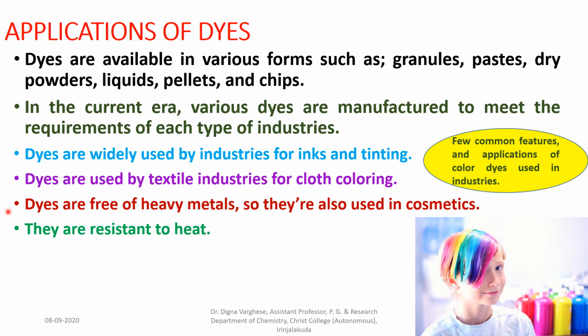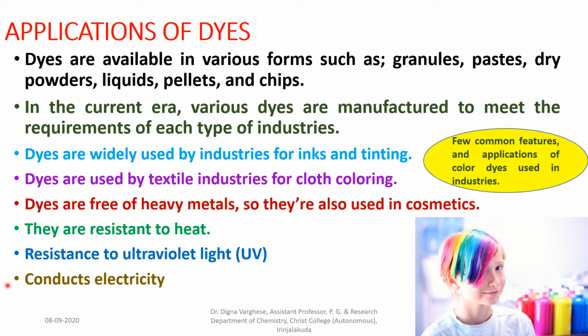They are resistant to heat, that is one of their features, and they are also resistant to ultraviolet light, and they can conduct electricity. So these are some of the important applications and features of the dyes used in industries.